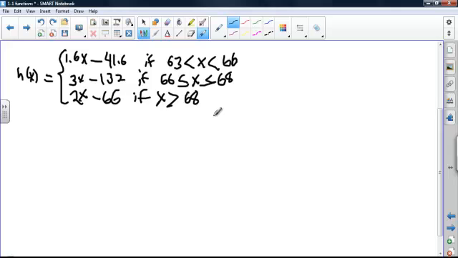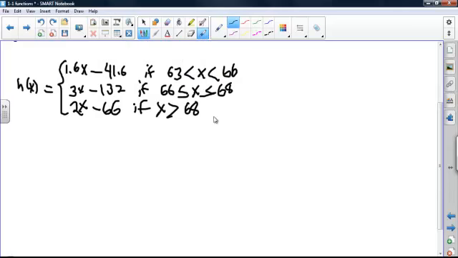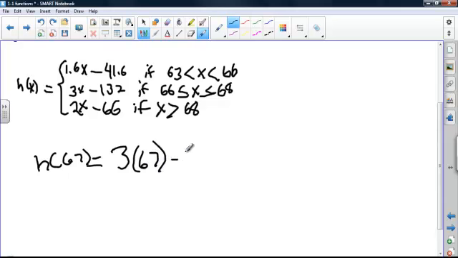Wow, that's tall. All right, so now we're going to say, what if we're looking at a parent's height, h of 67? When I see this, I say, all right, well, 67 falls in here. So I'm going to use this function. So I'm going to say 3 times 67 minus 132. I simplify that, and I've got 69 inches.